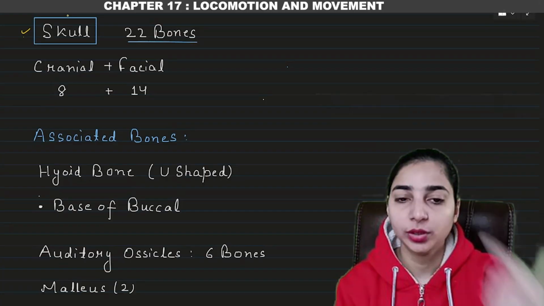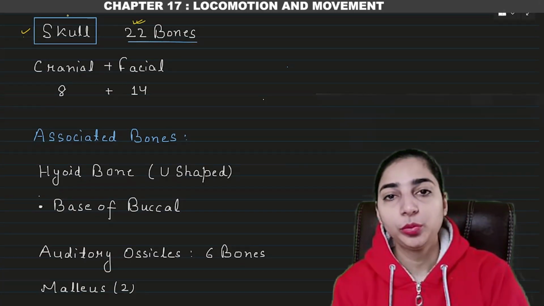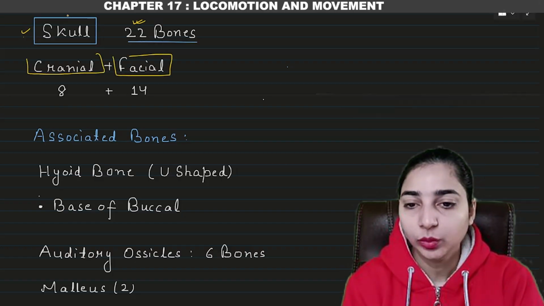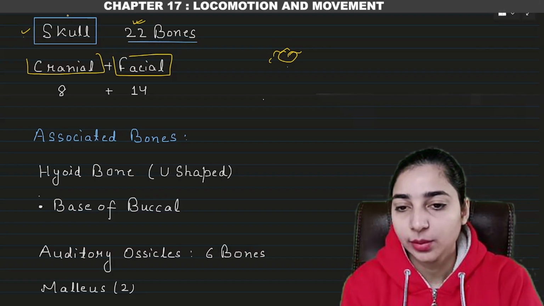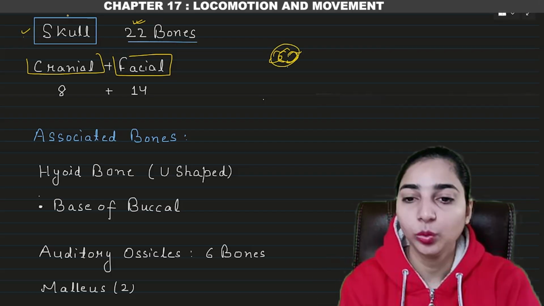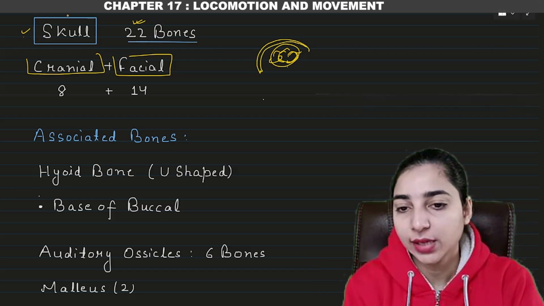The skull, the top portion, consists of 22 bones. Again it is made up of two types of bones, cranial bones and facial bones. We know that our brain, suppose this is the brain, is well protected under the hard covering known as the cranium.